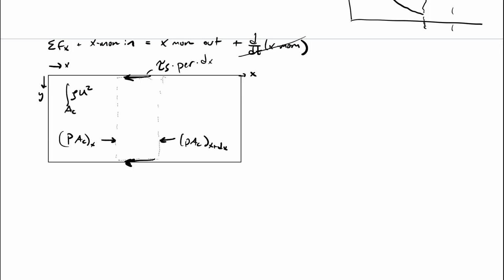So we'll do the area integral over Ac of rho u squared dAc, and this is all at position x. And then we have leaving the same thing, but at x plus dx: the integral over Ac of rho u squared dAc at x plus dx. Okay, so that's our momentum balance on flow in the x direction in this duct.